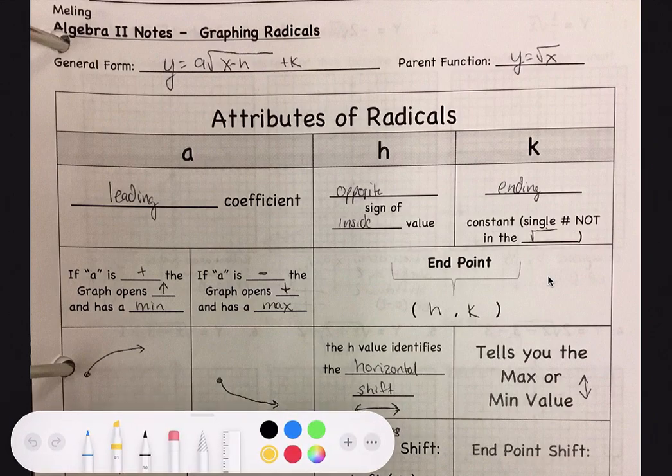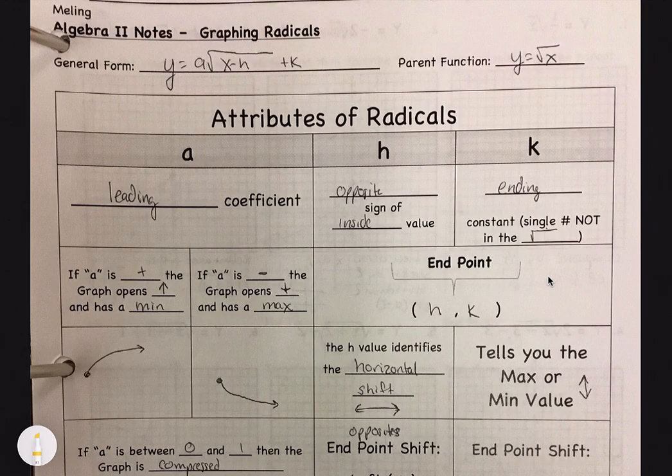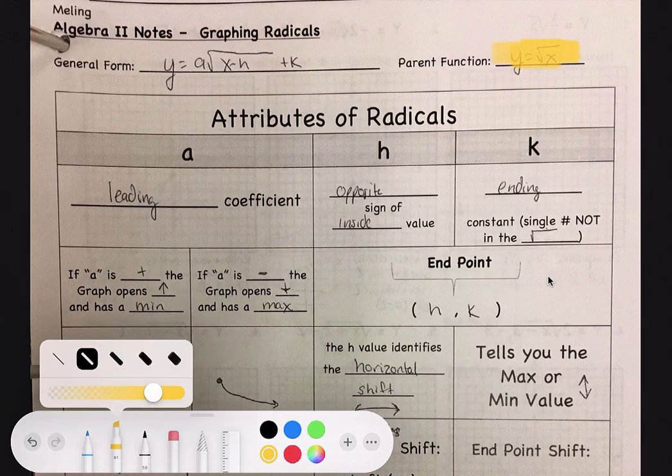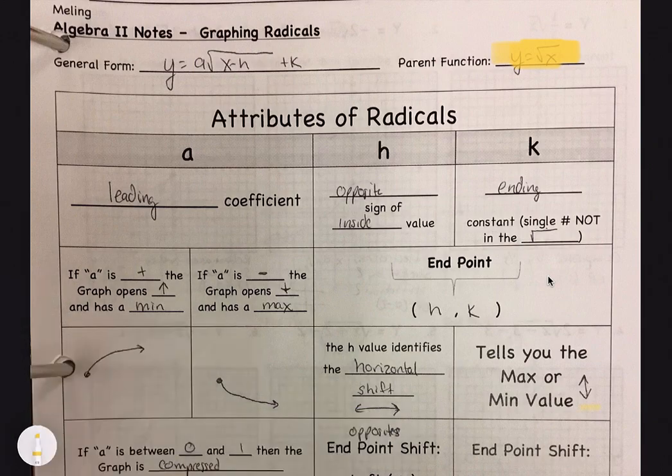So general form, we have, well, let's look at the parent function first. We have y equals the square root of x. So that would be our parent function. Then when we look at the general form, y equals a times the square root of x minus h plus k.